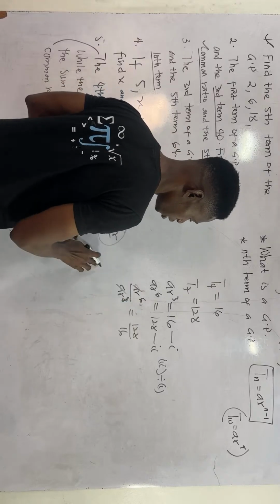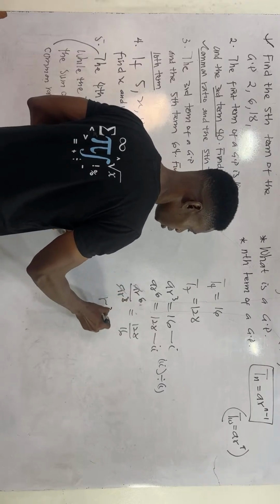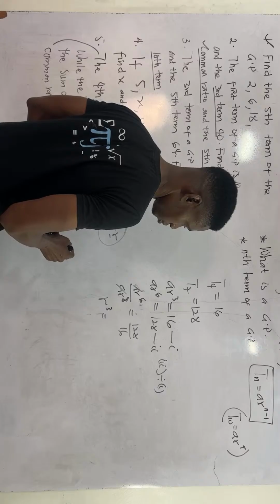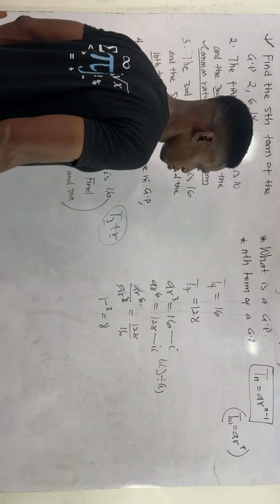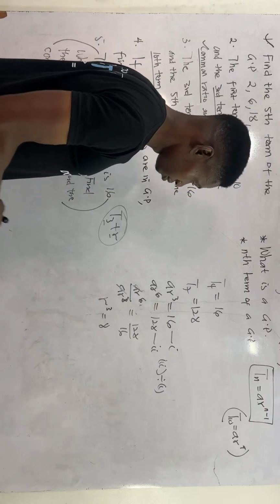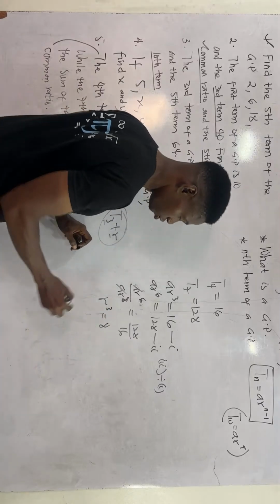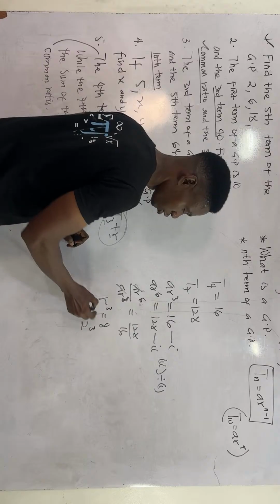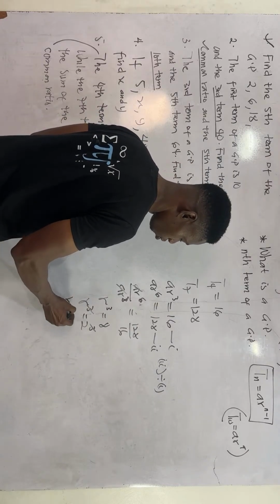So A cancels A. So we have R raised to power 6 minus 3, right? Equals to 8, right? So if we do the same thing we've been doing, our R cubed will be 2 raised to power 3, right? So we can equate the bases since the powers are equal and our R equal to 2.